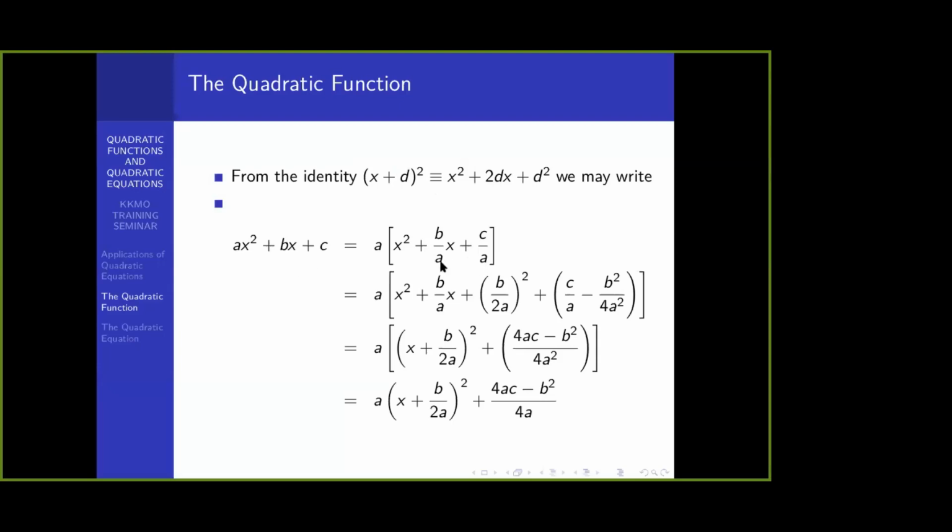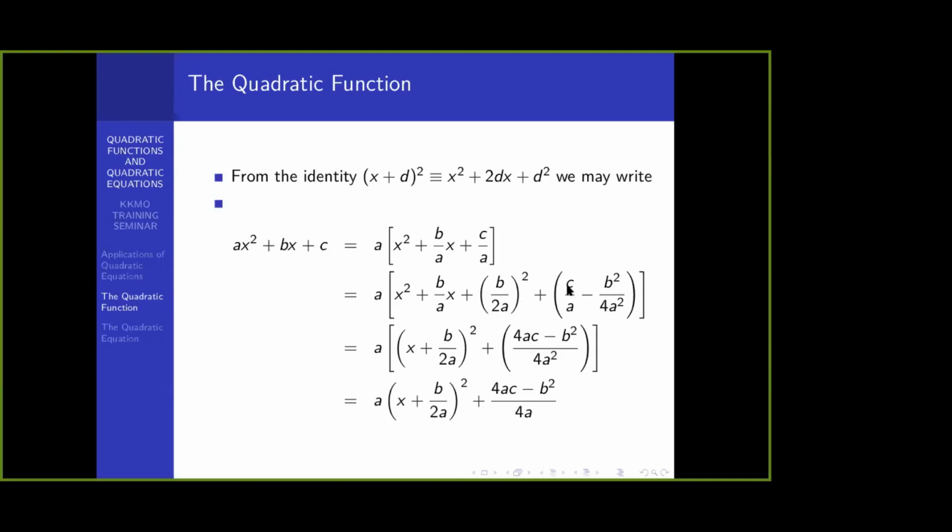So we apply that to this first part of the quadratic equation. We treat our 2d as b over a. So we get half of this, then square it and add it, so that this first part becomes a perfect square. But since we have added a term that wasn't there, this b over 2a squared, we have to subtract it again. And that's what we do at the end here.